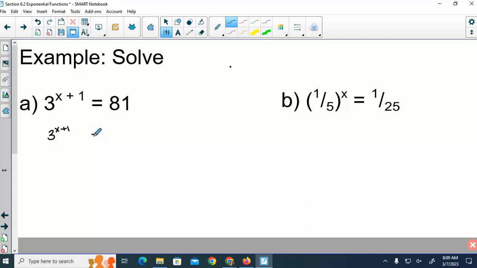Ideally, I need to write this 81 as 3 to some power. 3 to the 4th power is 81. So I didn't change my problem, I just wrote it in an equivalent form. Then, since I have the same base on each side, you can set the exponents equal to one another.